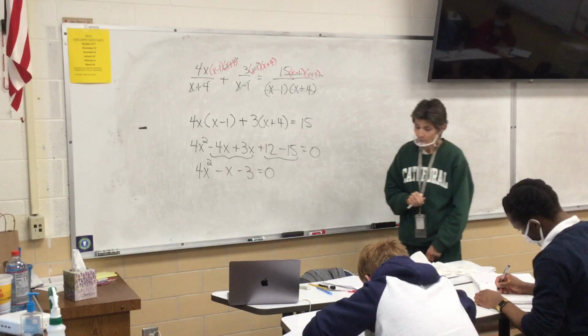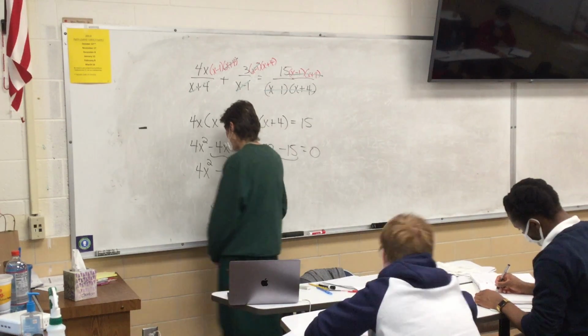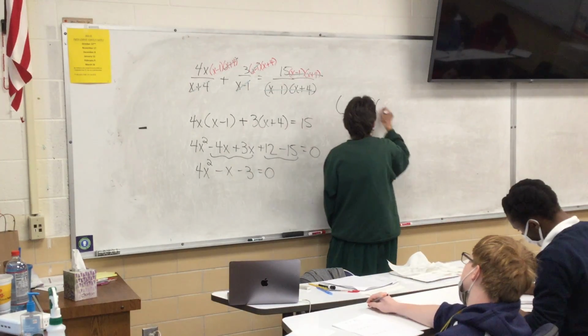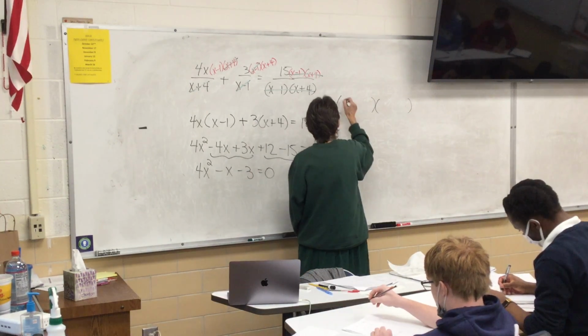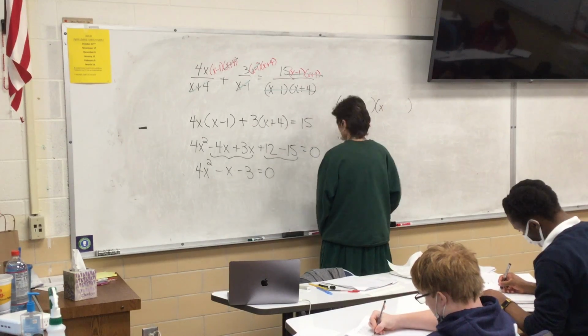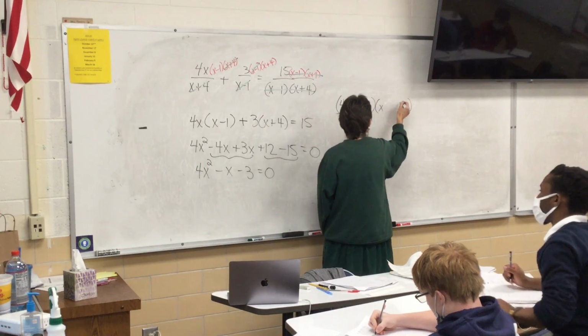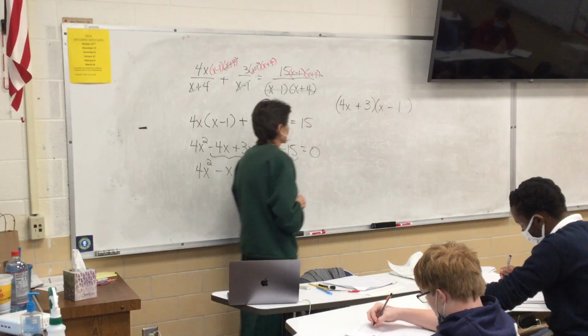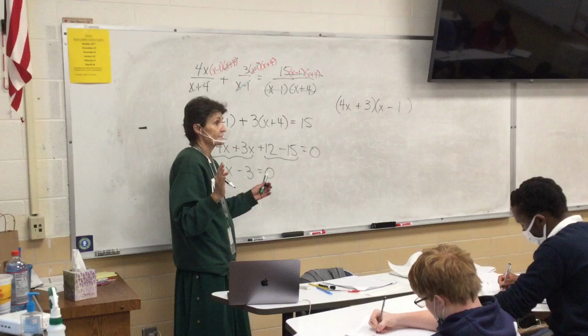But I'm going to factor it because those other problems require me to be able to factor. So I'm going to put a 4x and an x, and a 3 and a 1.